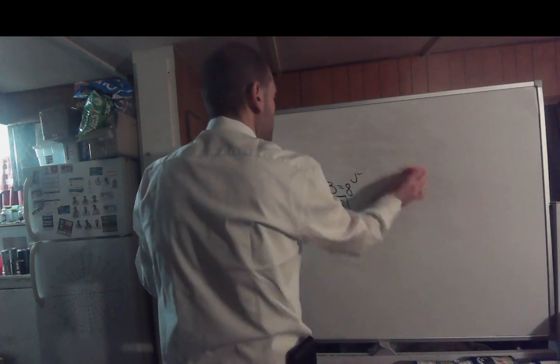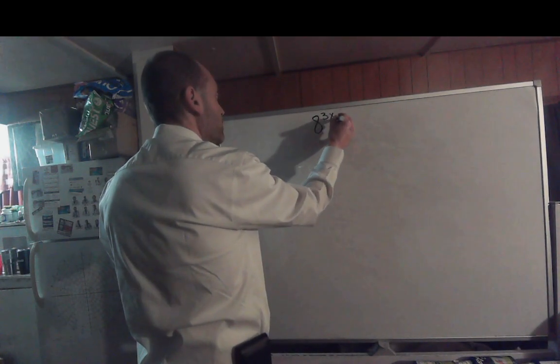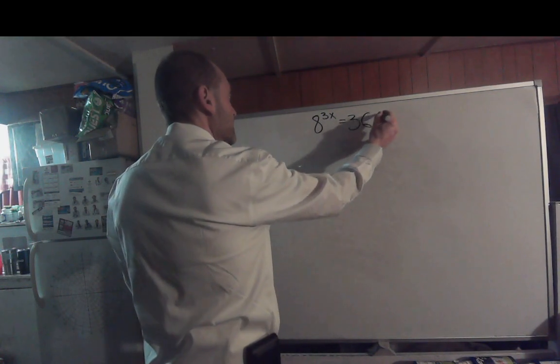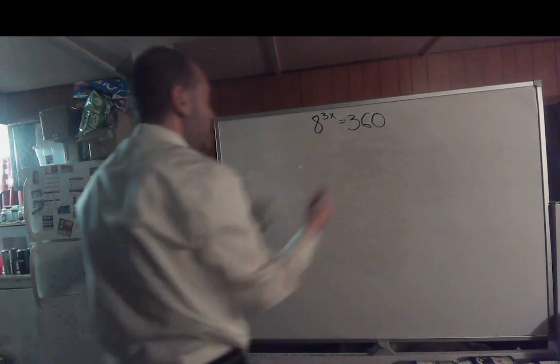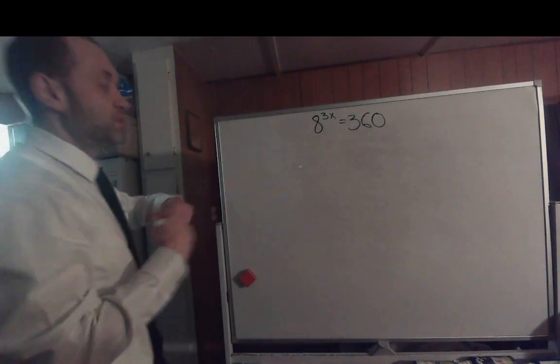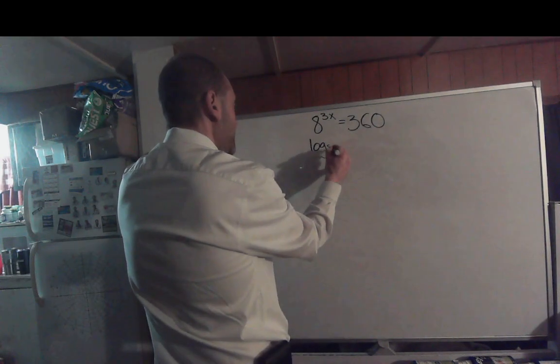Now we're going to get into some harder exponential equations here. So we have 8 to the 3x power equals 360. Well, again, your base is 8 with the variable, so you're going to want to take log base 8 of both sides.